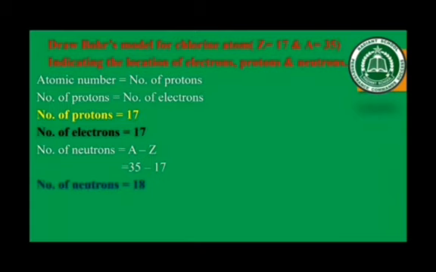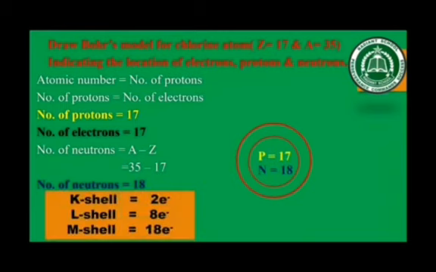Now let's see how to draw. As we know very well, protons and neutrons are located in the nucleus. So first we will draw the nucleus. Inside the nucleus we will write proton number P equals 17 and neutron number N equals 18. Now draw the orbits where electrons are present. In which orbit how many electrons are present?